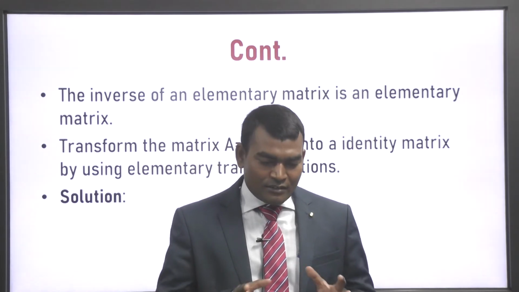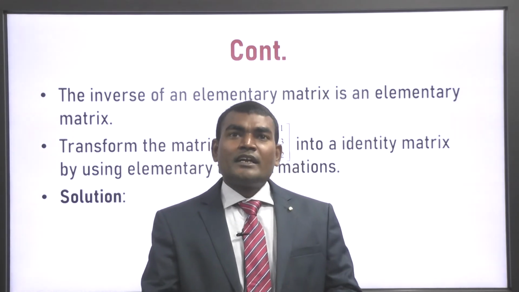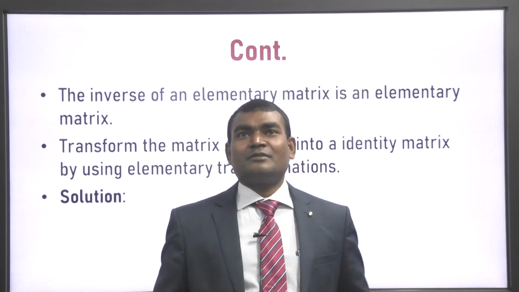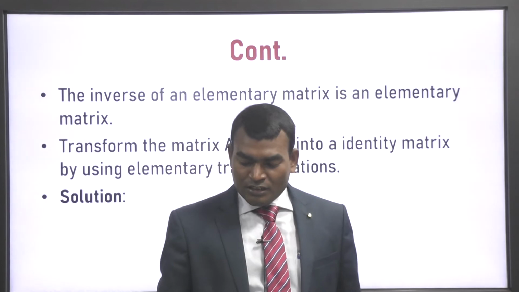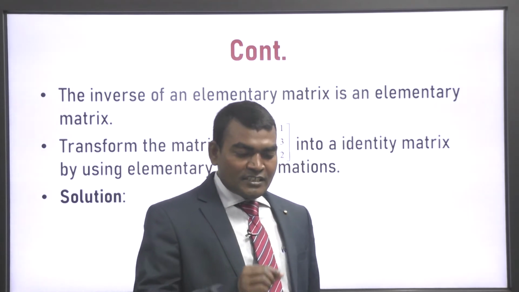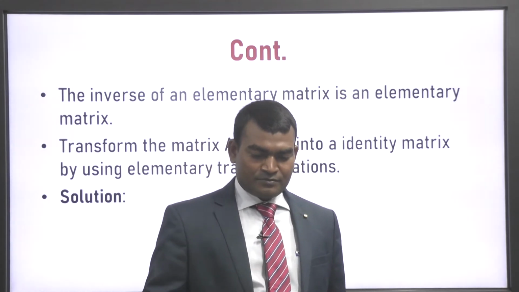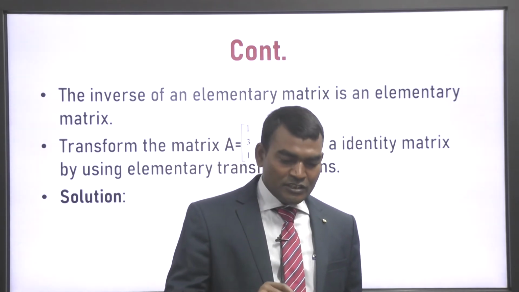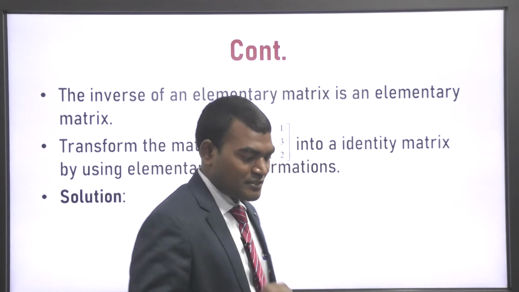So just by this problem we can understand how we will use the elementary transformations. Now see here, transform the matrix A into an identity matrix by using elementary transformations.